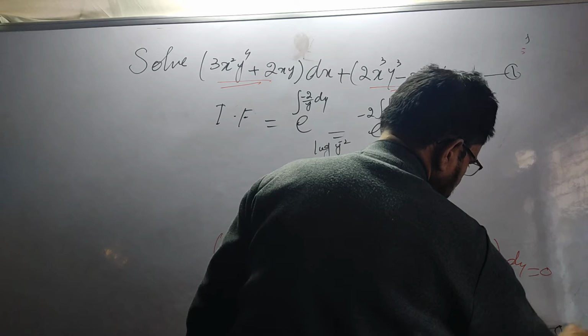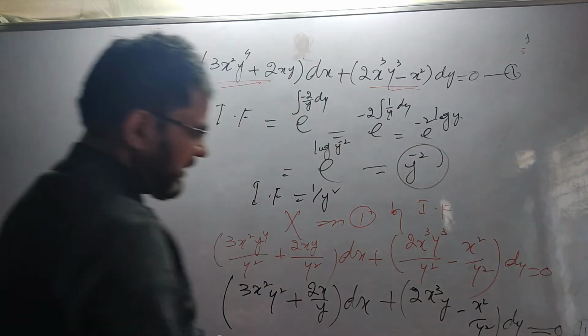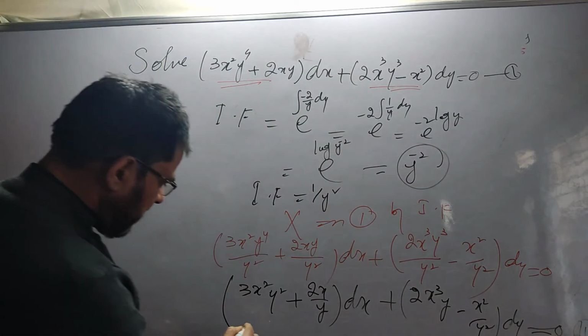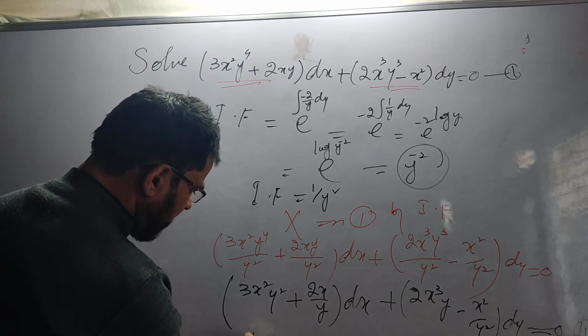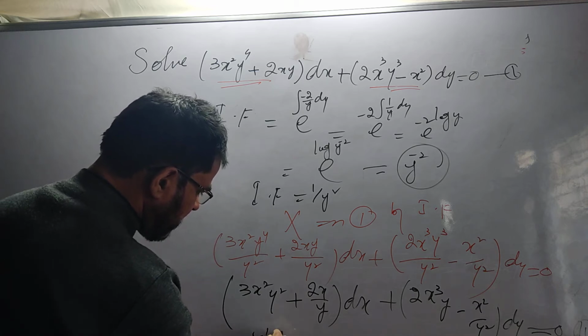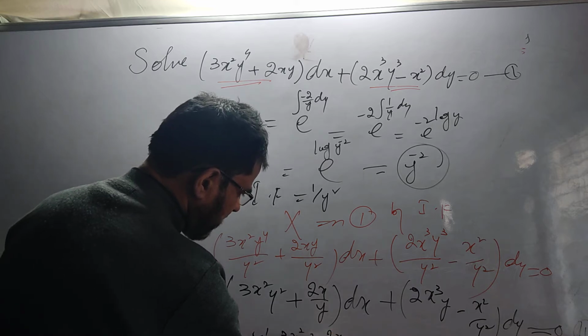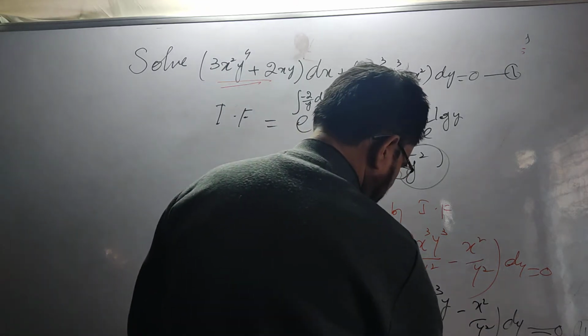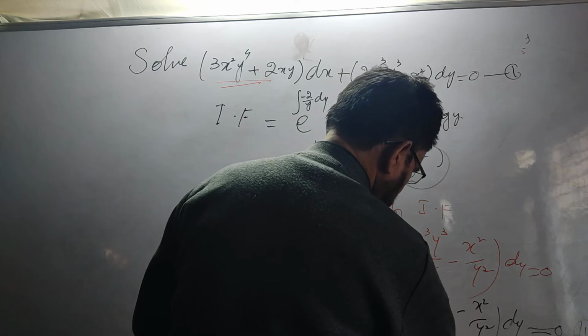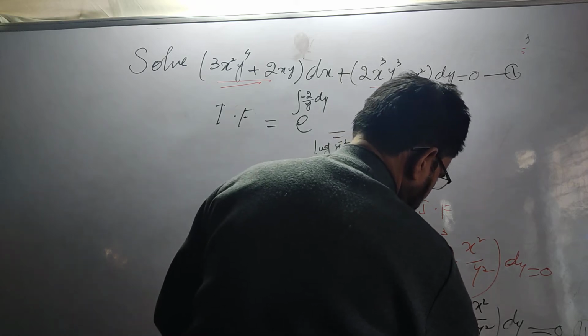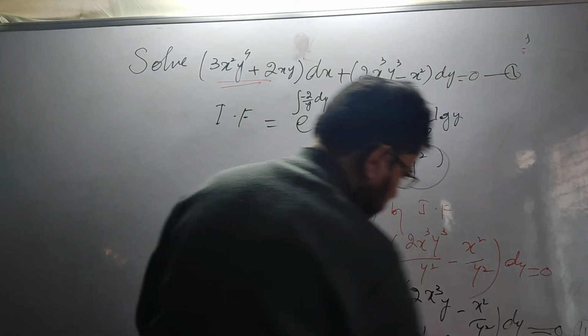This is the transformed equation. This is now my M dash. What is M dash? M dash is 3x square y square plus 2x by y. This I will denote by N dash. N dash is 2x cube y minus x square by y square.